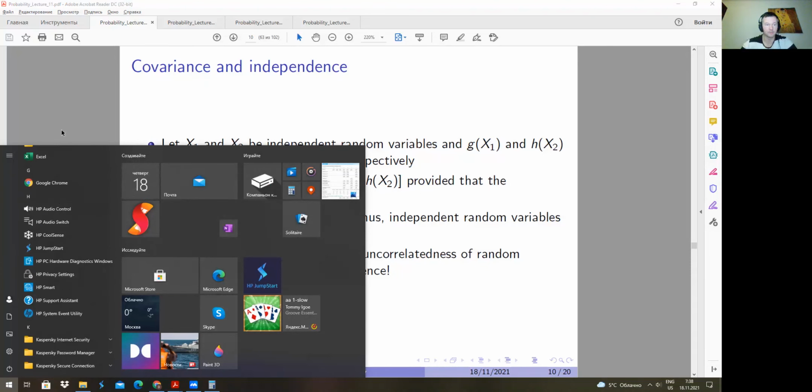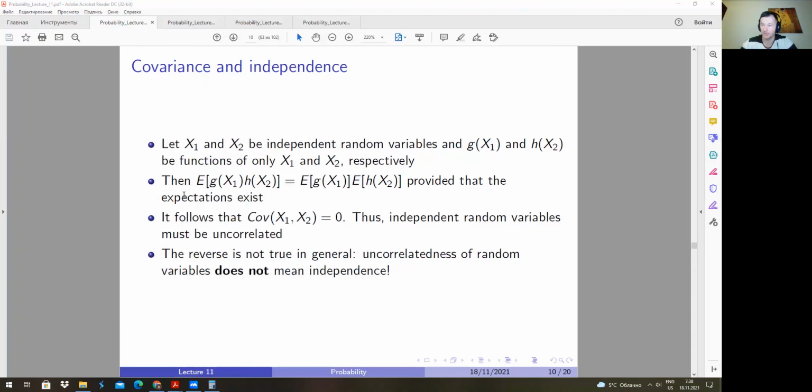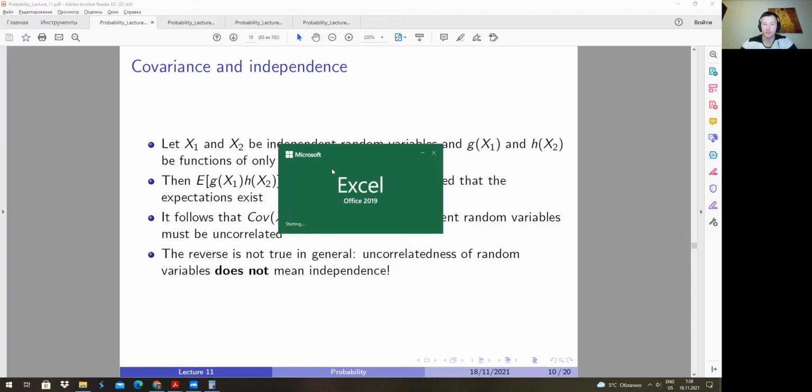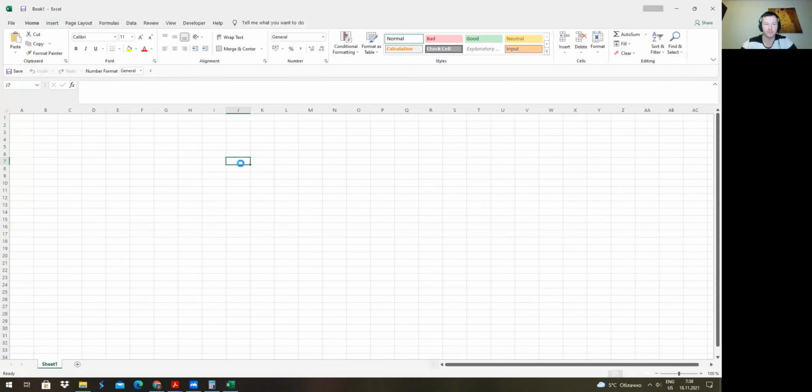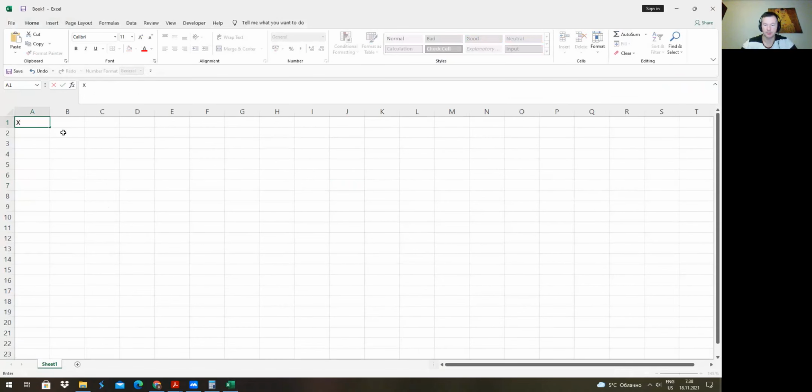So let me briefly illustrate this idea with a simple example. I didn't put it here, but actually it's quite easy to show how it works. Let's define variable x, and the variable x has values of, let's say, -3, -2, -1, 0, 1, 2, 3. And let's define variable y, which is simply the square of the variable x.